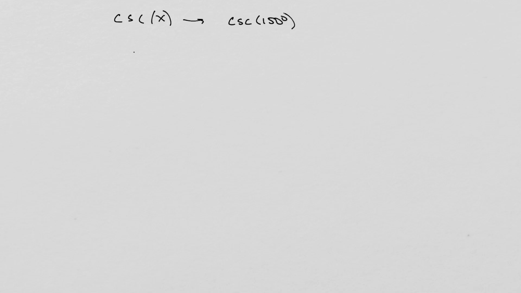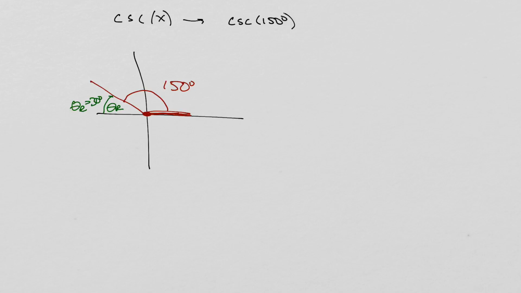Here is my reference angle, and I will go to 150 degrees, which is about right there. The reference angle goes from there to there, and my reference angle is 30 degrees.